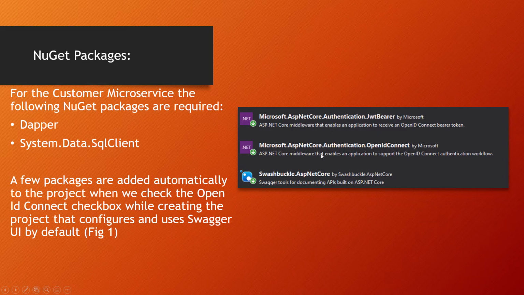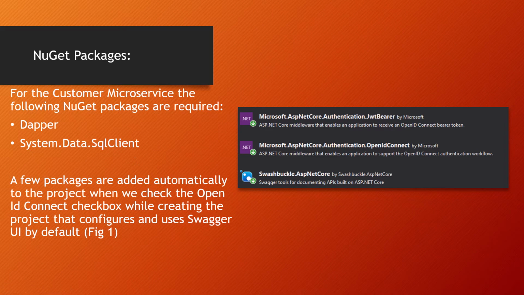So these were the three packages automatically installed when you keep the checkbox checked with OpenID Connect. All right, and these two NuGet packages have to be installed now, Dapper and system.data.sql client.